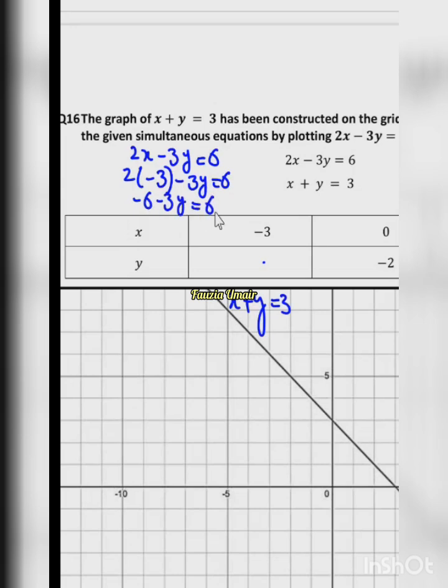If I take this minus 6 on the other side of the equation, so it would be minus 3y is equal to 6 plus 6, which is 12. When it goes on the other side, it will be plus 6. So y is basically, if you divide 12 by minus 3, your y is minus 4. So when x is minus 3, y is minus 4. Are you getting this, class 8?